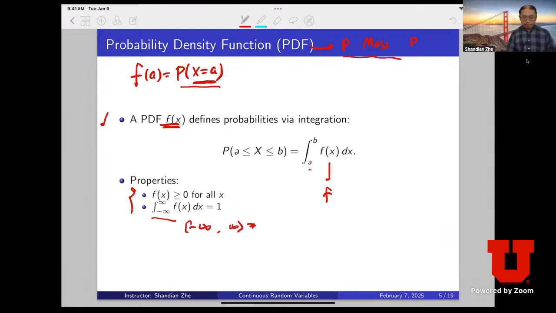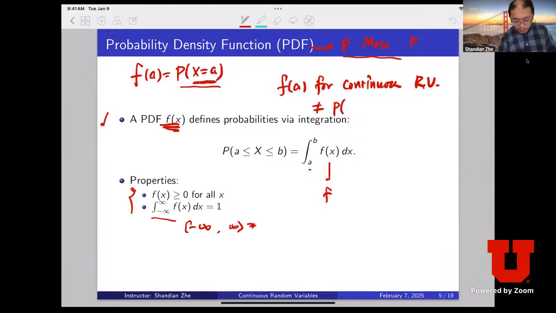In other words, for a probability density function f(x), for a continuous random variable, this is different from the probability that your random variable takes the value a. Why? Because this usually is bigger than 0, but this, in the continuous random variable case, is always 0. Does it make sense?